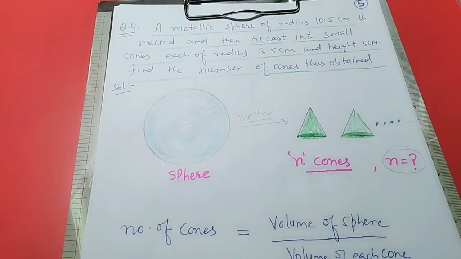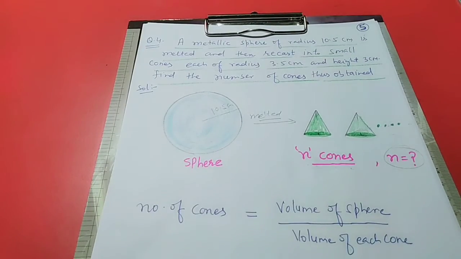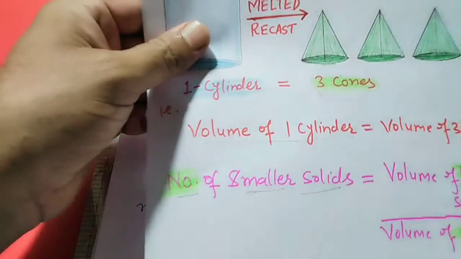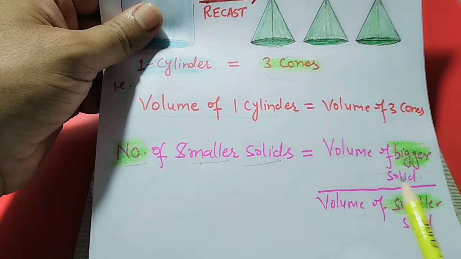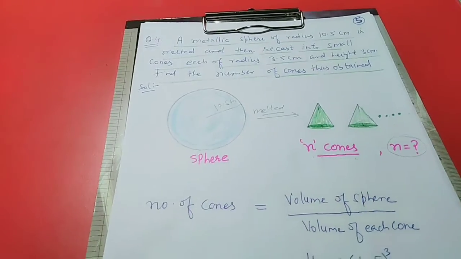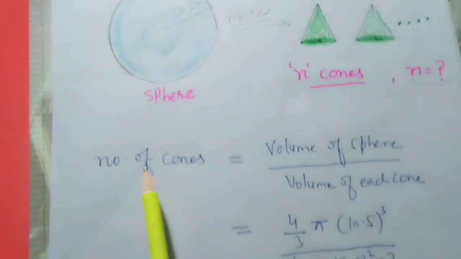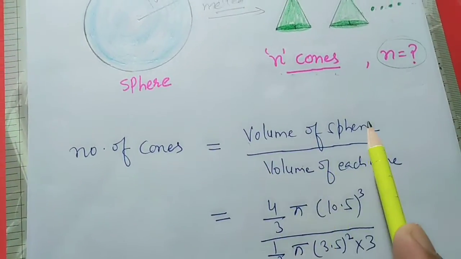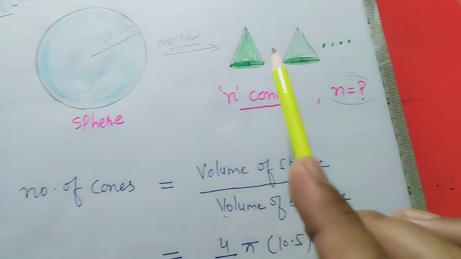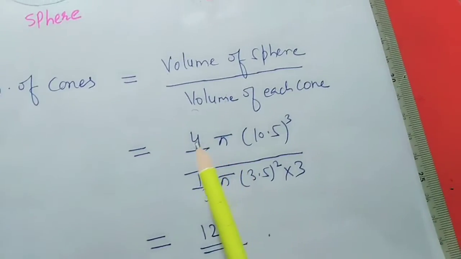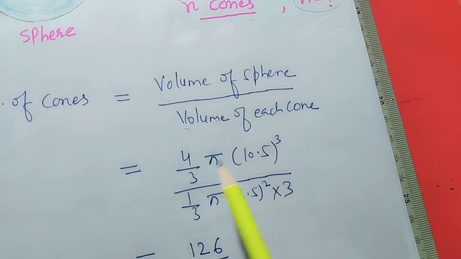So I have told you the formula in the beginning. I want to show it again, that the number of smaller solids will be equal to the volume of the bigger solid upon the volume of the smaller solid. So we will apply the same strategy. So you know, the number of cones will be the volume of the sphere, which is the bigger one, upon the volume of each cone. These are the smaller ones. So the volume of the sphere, the formula is 4 by 3 pi r cube.